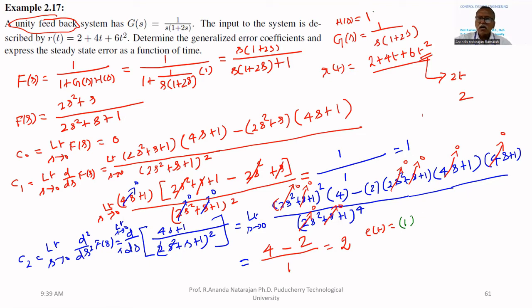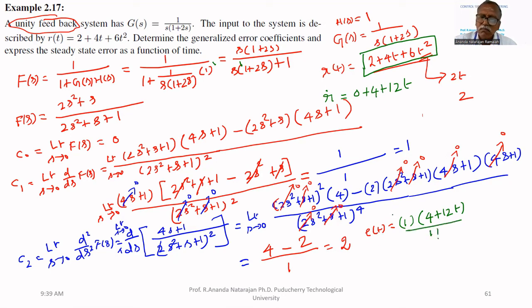What is r? r is 2 plus 4t plus 6t squared. Therefore, if you differentiate once, r dot equal to 0 plus 4 plus 12t. So r dot we have to substitute, that is (4 plus 12t) divided by 1 factorial.